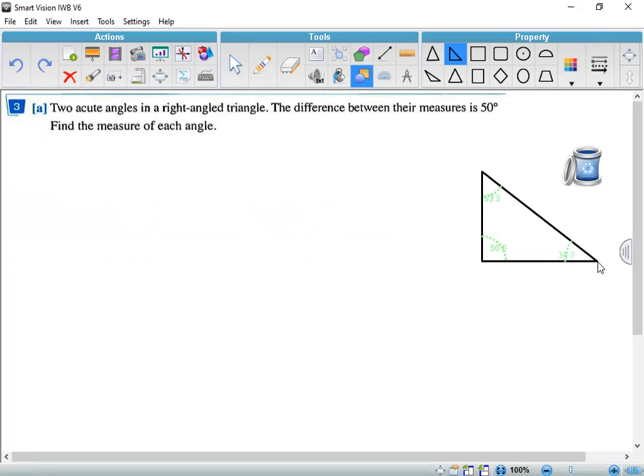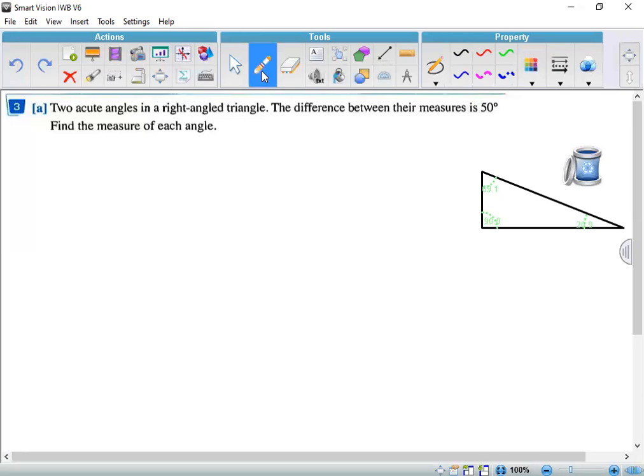We know before that the sum of the angles of the right angle triangle, or any triangle, equals 180. One of them equals 90, then the sum of the other two equals 90. He tells us that we have two acute angles in a right angle triangle.